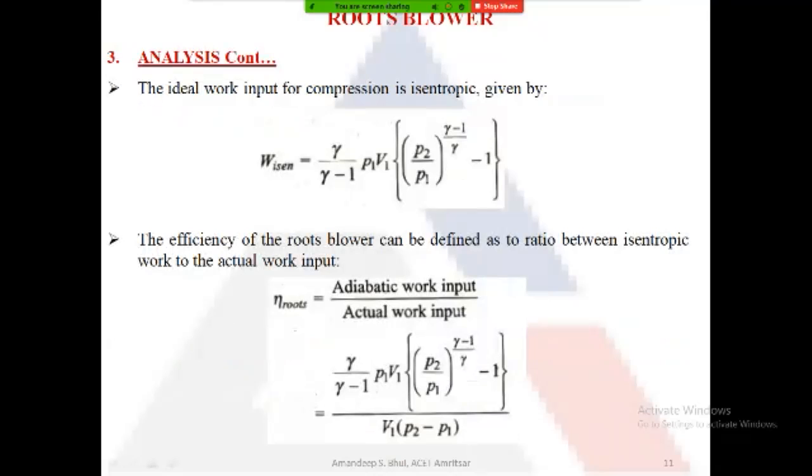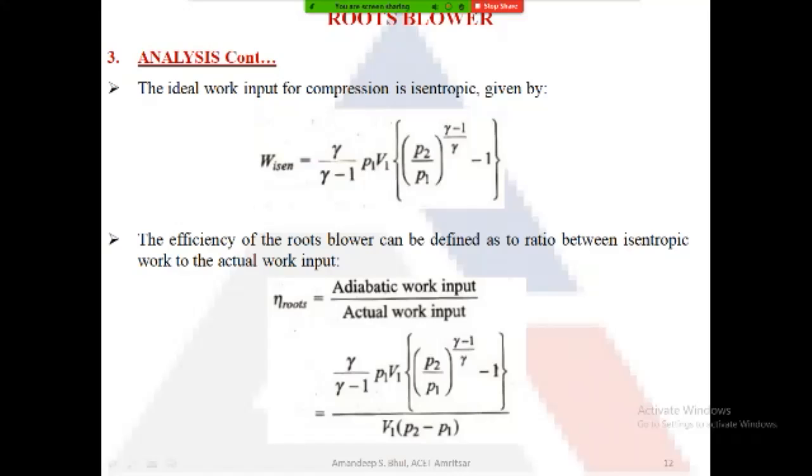Now, for the ideal case, if the compression is taking place isentropically, where the entropy of the system remains constant, the isentropic or ideal work will be given by gamma upon gamma minus 1 into P1 V1, multiplied by, inside the bracket, P2 by P1 to the power gamma minus 1 upon gamma, minus 1.